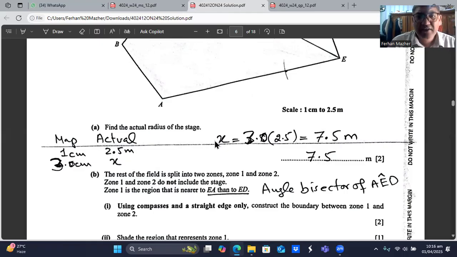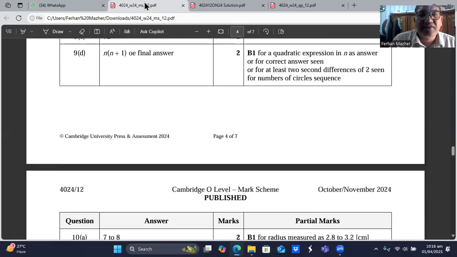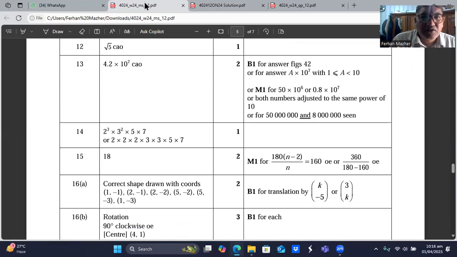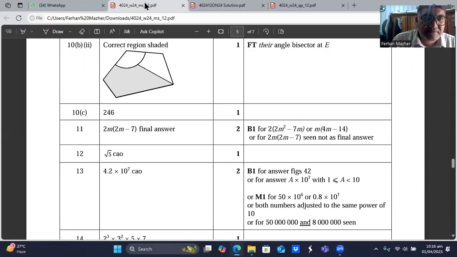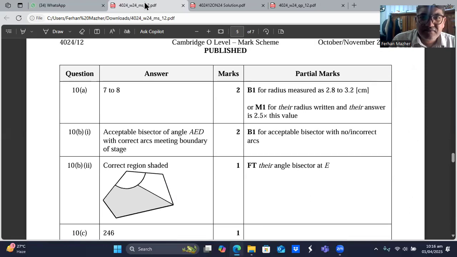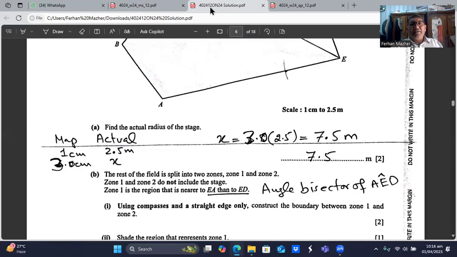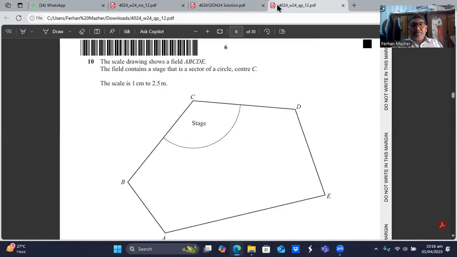Just cross multiply. So x will be equal to 3 into 2.5, that is 7.5. So the radius is 7.5 meter, we think. The radius is 7.5 meter, which is right. Okay.